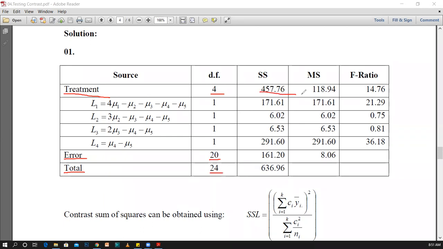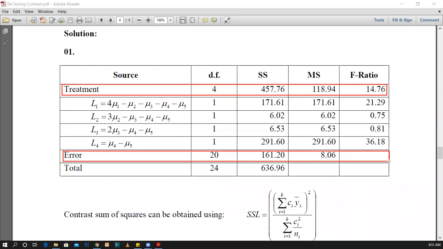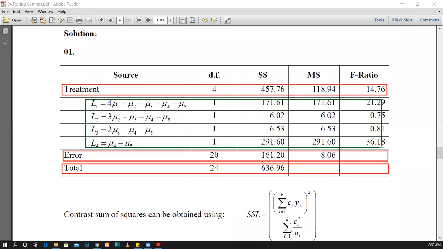The SS values, MS values, and all these values can be calculated using the concepts we have defined under the theory that we discussed for the completely randomized design. The only new part is the identification of these 4 contrasts, and here I am going to discuss only the identification of these 4 contrasts.